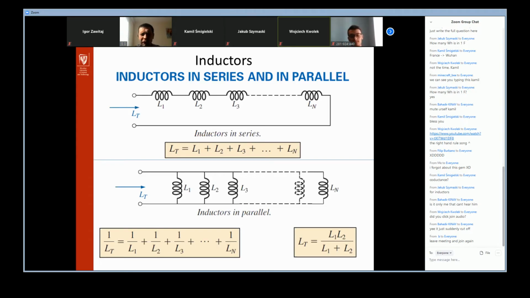So if the inductors are connected in series, we just sum up the inductances. If they are connected in parallel, the reciprocal of the total inductance is equal to the sum of the reciprocals of each inductance. And like for the resistances, if we have just two inductors connected in parallel, we can use this formula: in the numerator we have the multiplication of the inductances, and in the denominator we just sum up these two inductances.